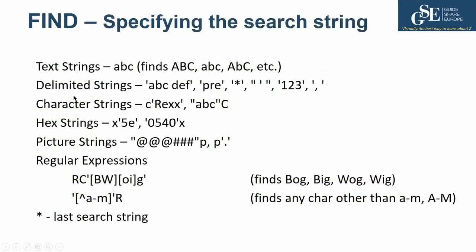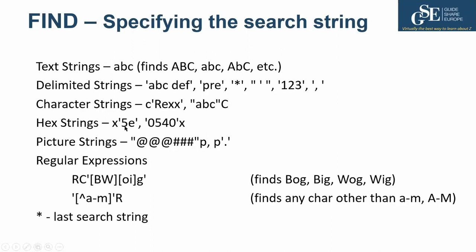Specifying the search string, you can just type ABC, and in that case, it will find any combination of upper and lowercase for that string. You can delimit strings if you have blanks or commas or asterisks in there. You can use character strings to say, I only want exactly these characters. So you use a C on the beginning or the end to indicate that it's a character string. Likewise, you use an X for hex strings.